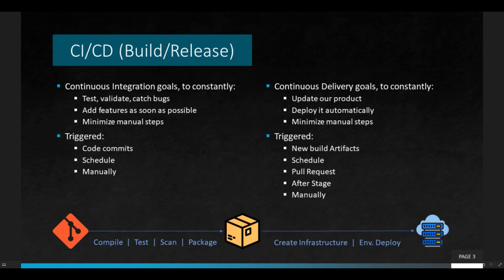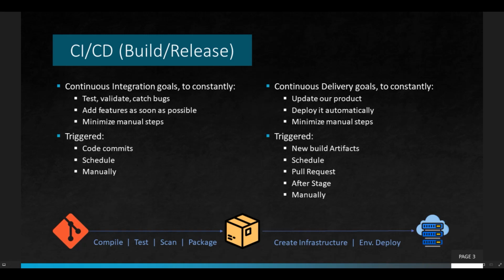And if we look at the bottom of the slide, we'll see what a pipeline looks like. And it's divided into those two sections. The first part, from the Git logo to the package, that's the continuous integration or the build process. And then from the package to the server, that's the continuous delivery or the release part of the pipeline. And Azure DevOps breaks this down into basically those two options.